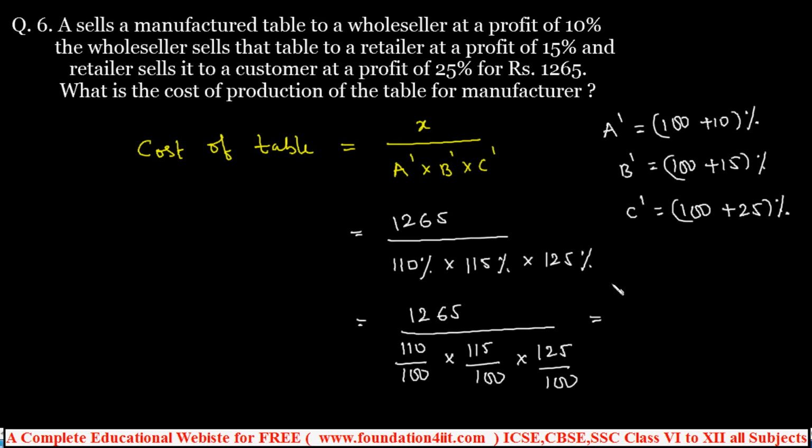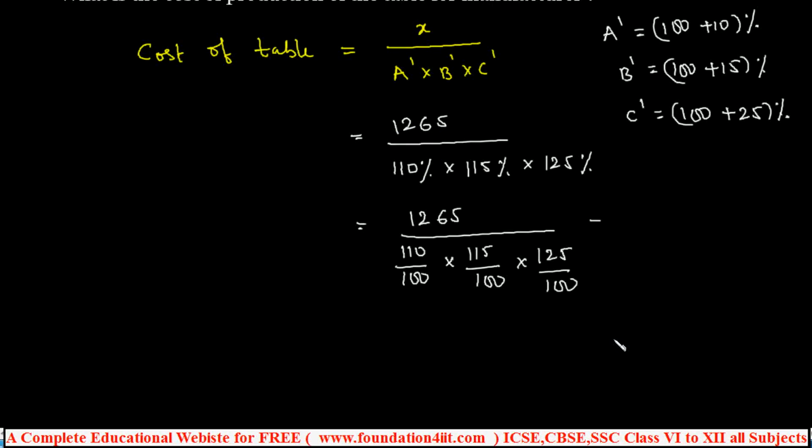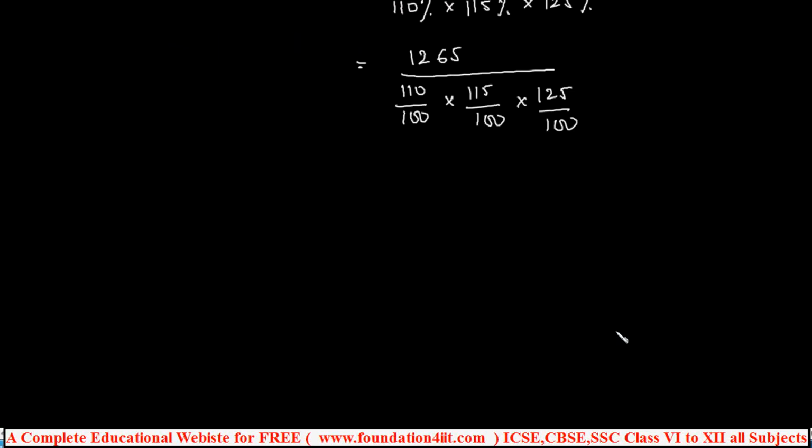Then how much do you get? 1265 into the fractions' reciprocal. 110 by 100 is 100 by 110, into the same 100 by 115, into 100 by 125.